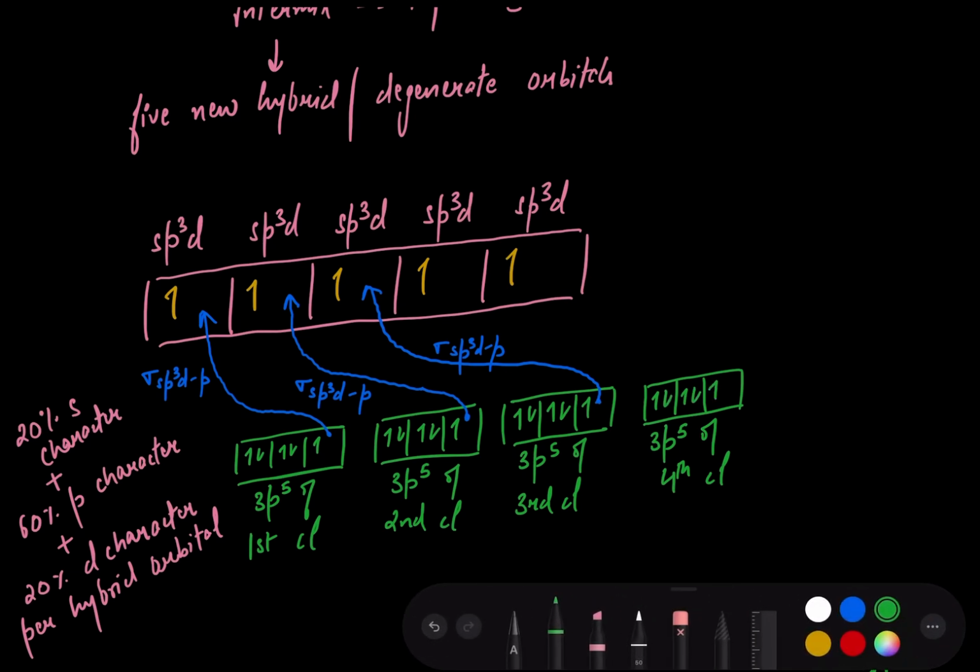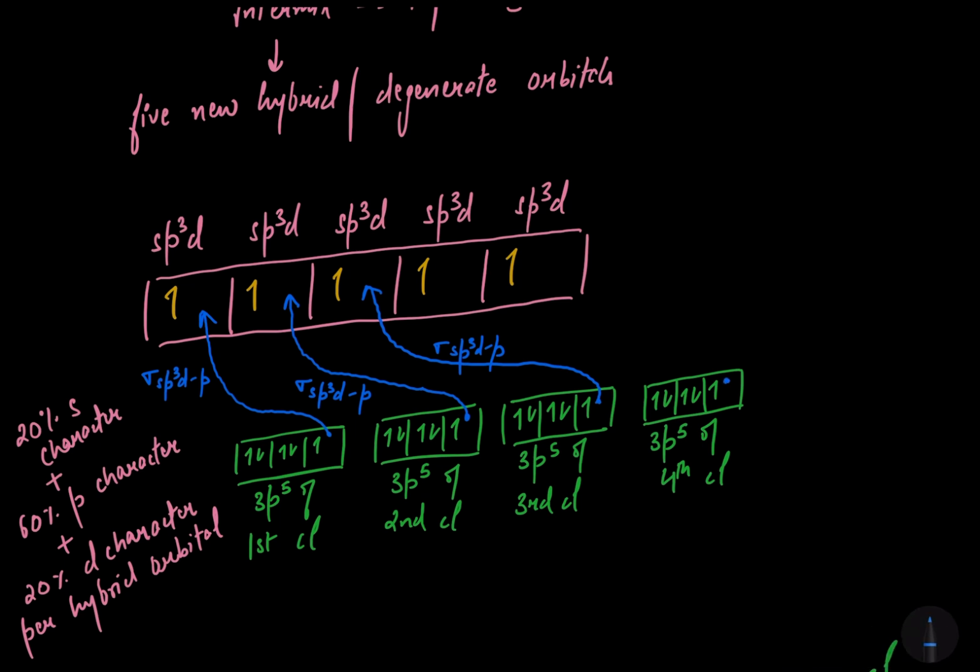Here also we are left with one atomic orbital in 3p which has one electron, and this orbital is going to have head-on overlap with the sp3d hybrid orbital of phosphorus for the formation of the sigma bond. So that's the sigma bond sp3d-p, because this sigma bond has been formed by head-on overlap of the sp3d hybrid orbital of phosphorus with the p orbital of the chlorine.